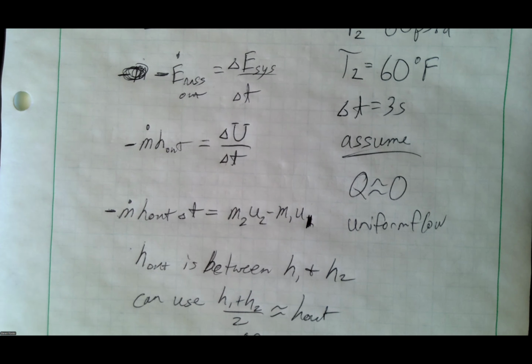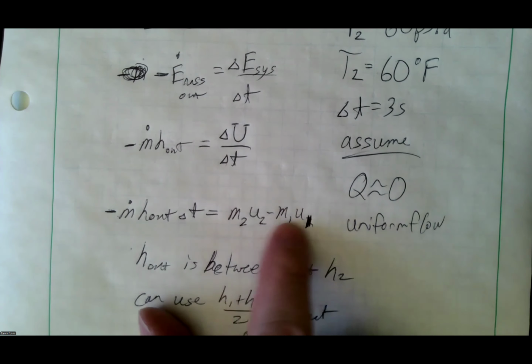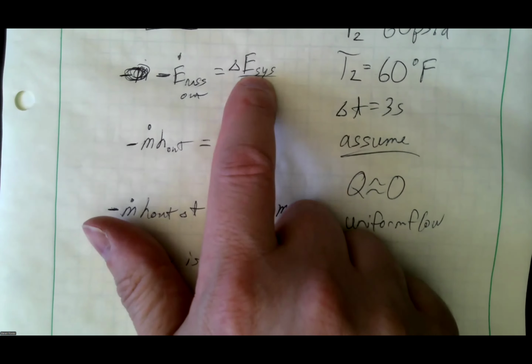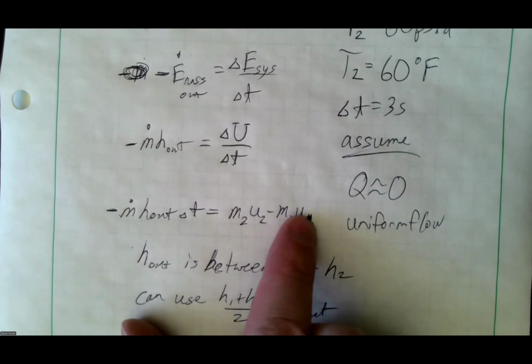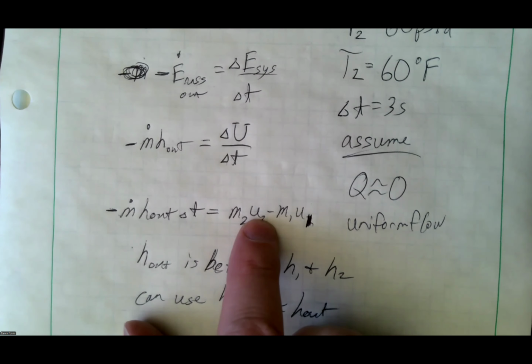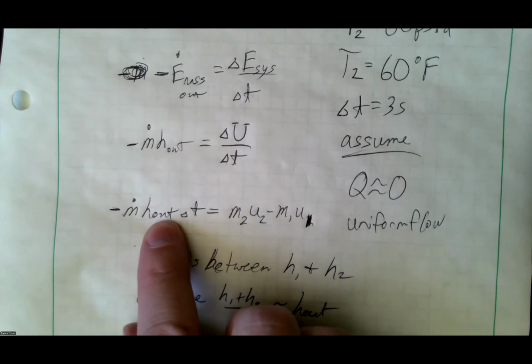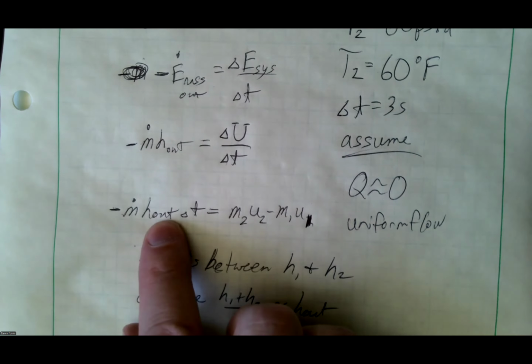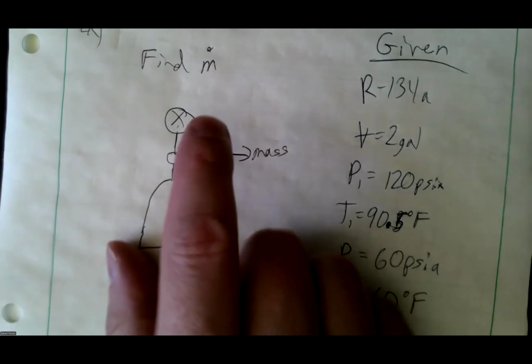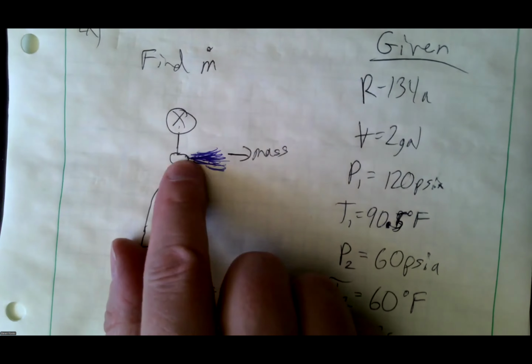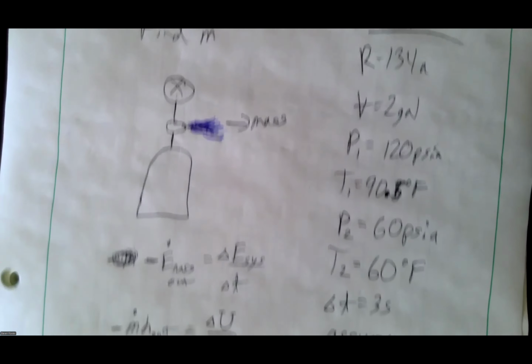A former student of mine one time said, so you're telling me you know flow. You know flow, yes. For the mass that's not flowing, the stuff that's inside the system, we're going to use U values. But for the mass that's flowing, remember it doesn't flow spontaneously. It flows because something's pushing it. What's pushing it? The mass inside trying to get out, pushing it out of the way with pressure.